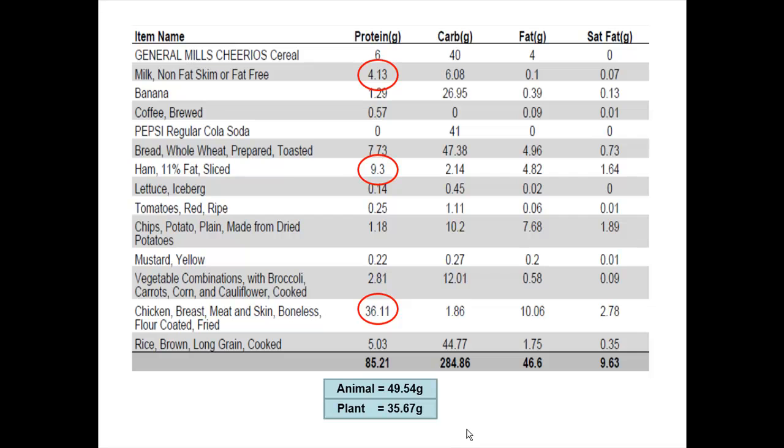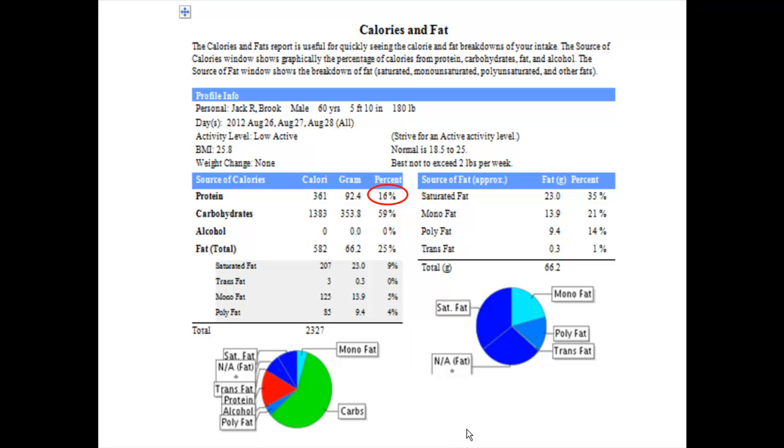Then it's very simple, because once you get your average of animal, go up here. This is your total grams, 92.4. So just take your average grams of animal, divide by, in my case, 92.4, times 100, and that gives you what percentage you got on average from an animal source, and just subtract that from 100%.